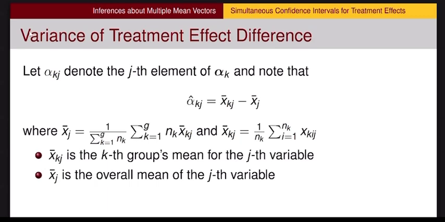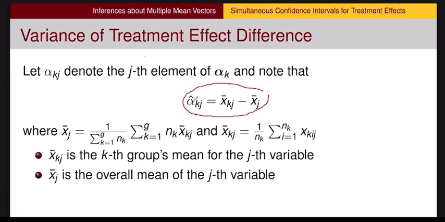Now, let's take a look at the variance of the treatment effect I am talking about. This is what we mean by treatment effect: the difference between the overall mean and the group mean. If this is the treatment effect, then we need a variance for it. Why? Because it is not just going to be only one; there are going to be variations among the estimated treatment effects, and because of that we want to find the variance.